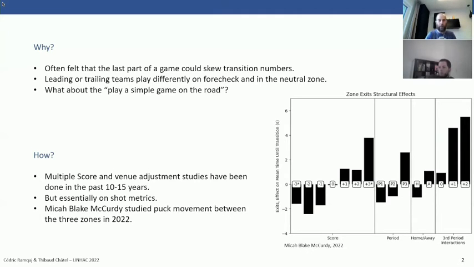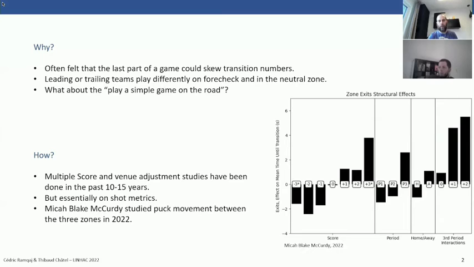And as much as we would have loved to be the first to present something on transition, the king of stats, Blake McCurdy, published something earlier this year. The key difference between his study and ours is that he used puck location from the NHL play-by-play as a proxy for puck movement between the three zones, when we are actually tracking zone exits and entries.